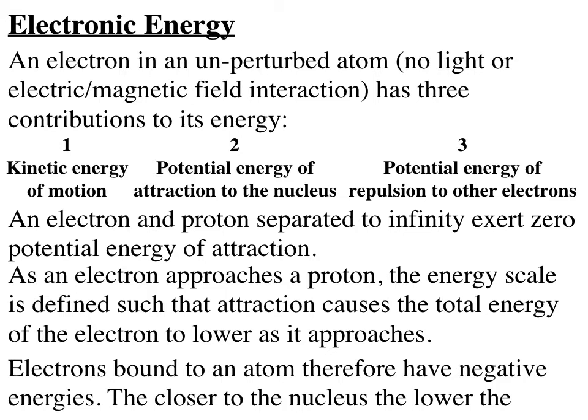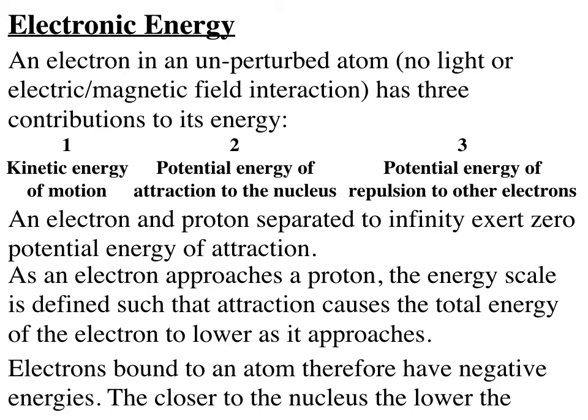from infinity. So as an electron approaches a proton, the energy scale is defined such that this attraction that they feel on each other lowers the energy of this system. So if they were at zero energy when they're separated at infinity, as you begin to move electrons towards a nucleus, it lowers the energy of the electron so that as they become bound to the nucleus, it is a negative energy.